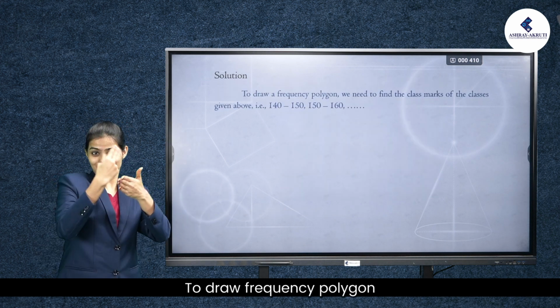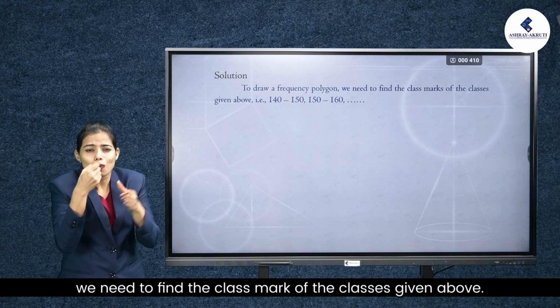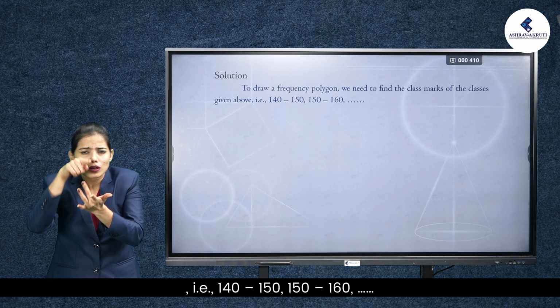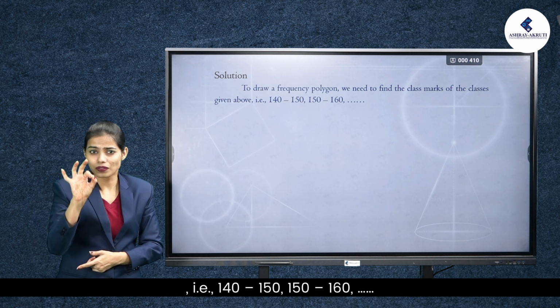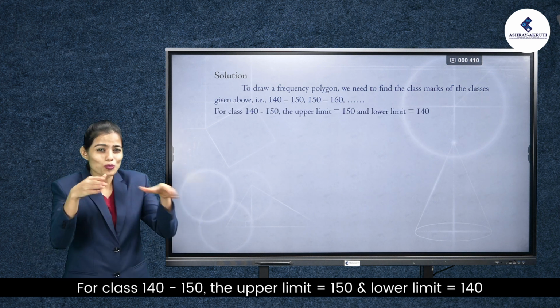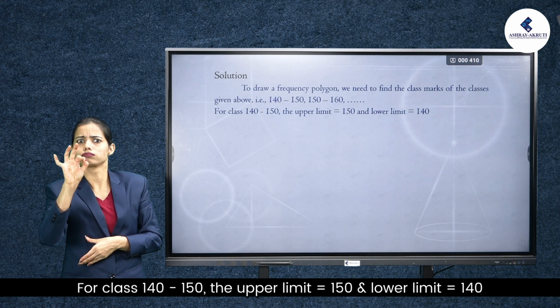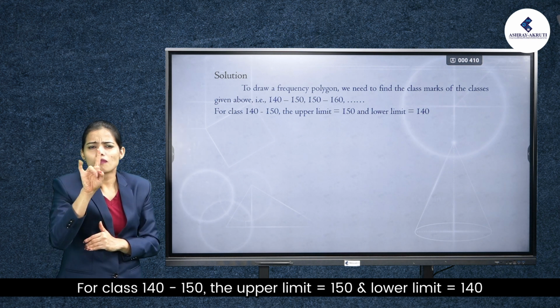Solution. To draw a frequency polygon, we need to find the class marks of the classes given above, that is 140 to 150, 150 to 160 and so on. For class 140 to 150, the upper limit is equal to 150 and lower limit is equal to 140.